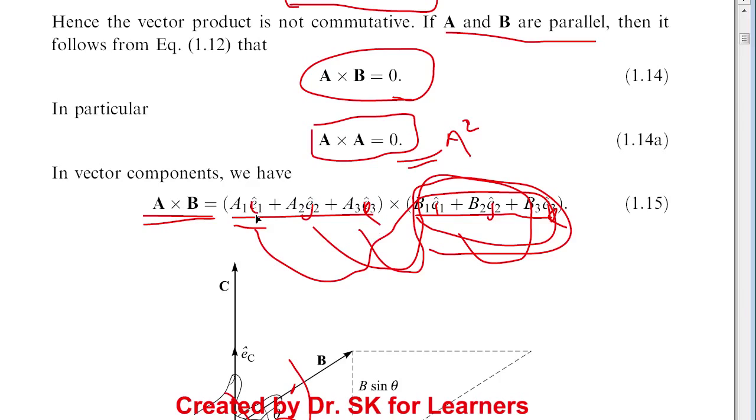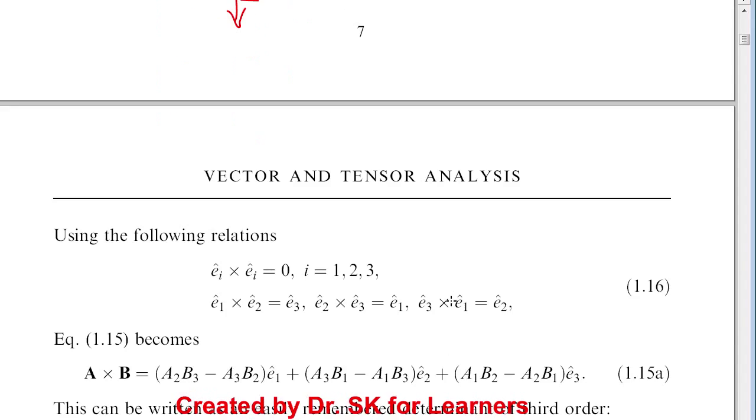Here when you multiply similar vectors or the parallel vectors, you will get a 0, otherwise you will get some value. So since there are only 3 possible similarities, i cap with i cap, j cap with j cap, and k cap with k cap, you will have 6 terms in vector product.